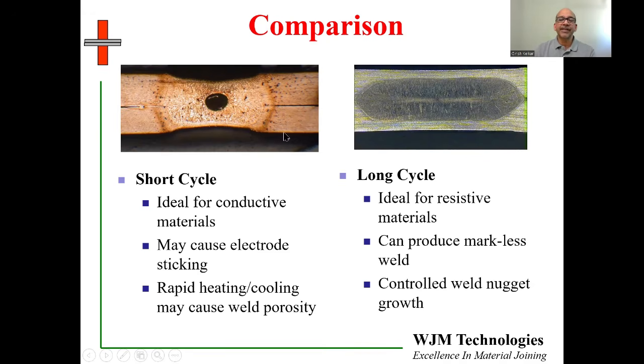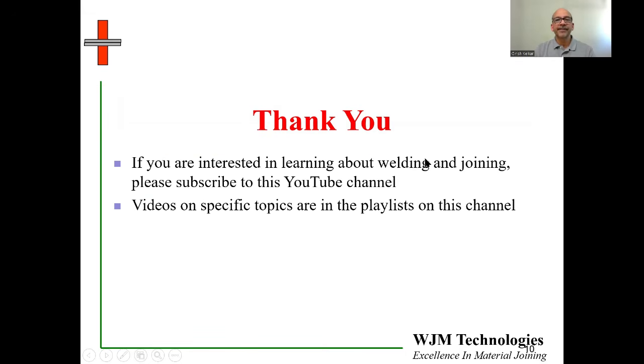And again, there are many other aspects involved in that. There are different materials, different electrodes, different equipment, different expectations. But this is exactly what you need to think about when you are about to set up a resistance welding process. Thank you. This is the fundamentals of resistance welding.